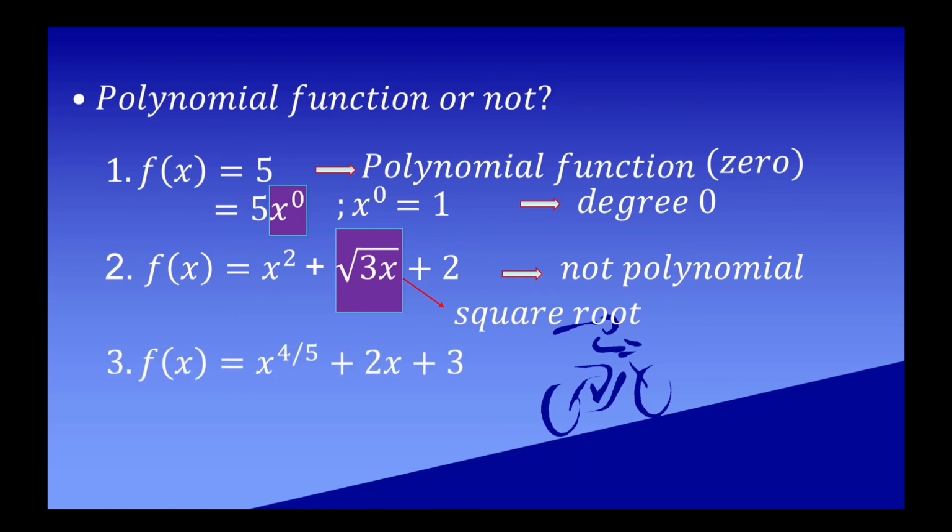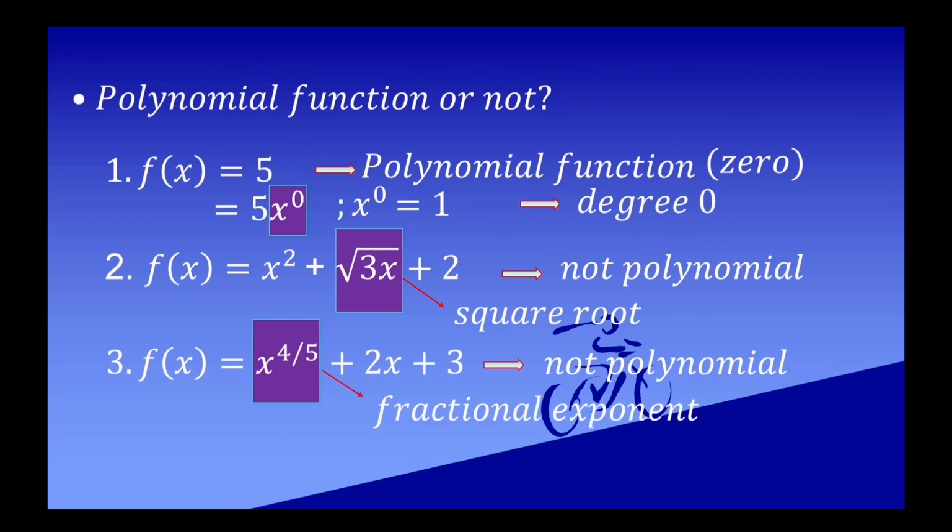For number 3, our given f of x is not a polynomial because our first term has a fractional exponent, that is x raised to 4 over 5.